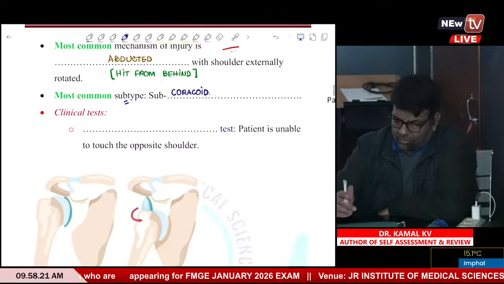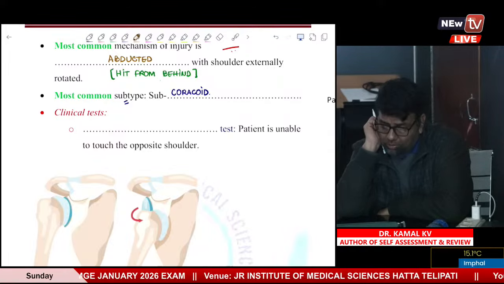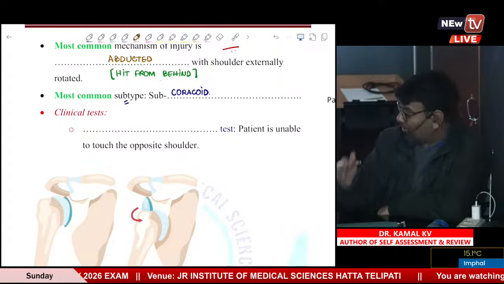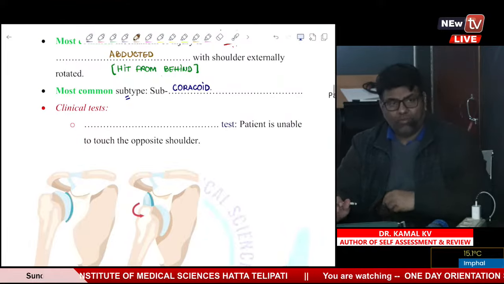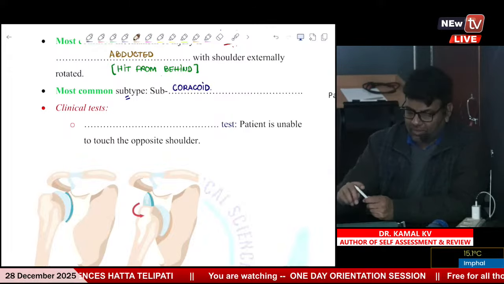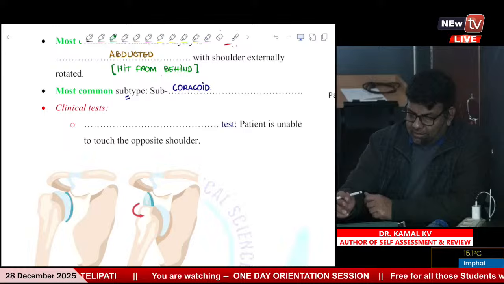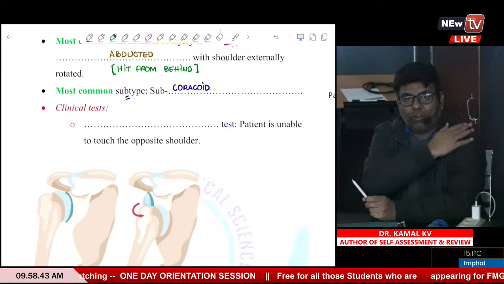Now there are three clinical tests which we do for anterior shoulder dislocation, although they should not be done because the patient is already in extreme pain. We tell the patient to touch the tip of the opposite shoulder. If the joint is normal, it is very easy to touch.